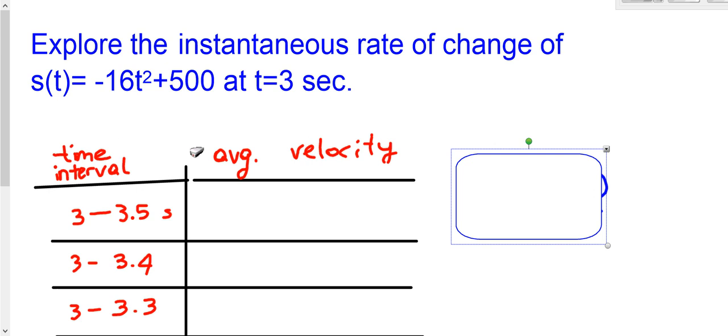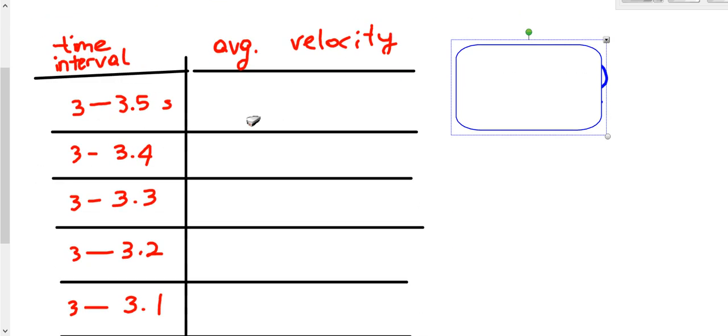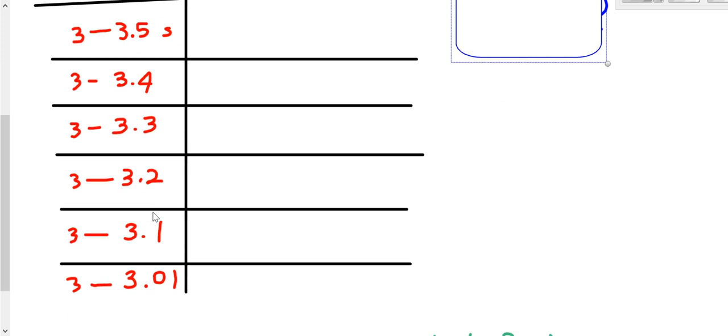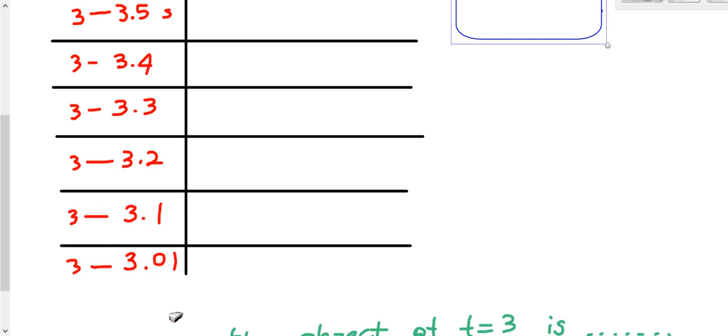So in other words, if we want to find, let's say specifically, time equal to 3, we're going to first find the rate of change between 3 and 3.5 seconds, then between 3 and 3.4, 3 and 3.3. You see where this is going, right? And you could make it smaller and smaller and smaller. Eventually, between 3 and 3.01, when you find that rate of change, well, it's almost going to be like, and you could do 3.000001.